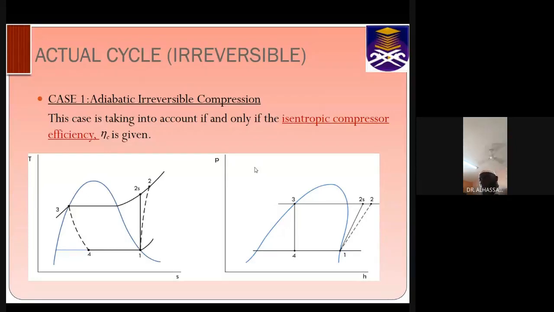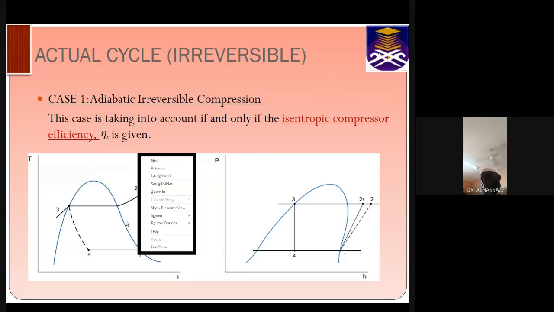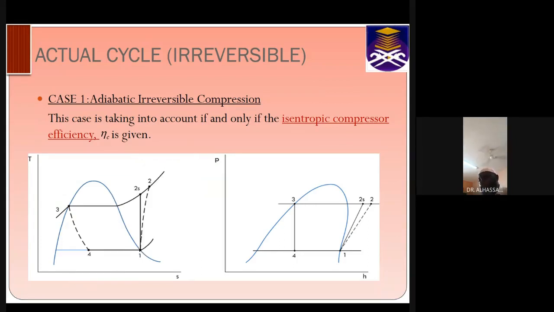If we have two compressors, one is reversible and the other one is an irreversible compressor. The reversible compressor is going to behave in such a way that the compression follows this thick line from state 1 up to state 2s. Whereas this is the irreversible compression.